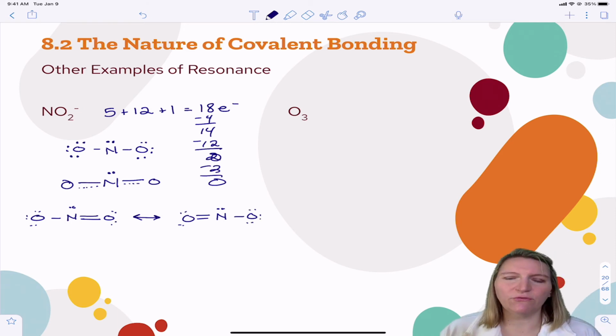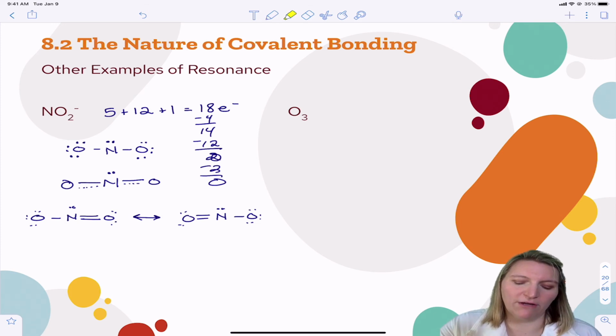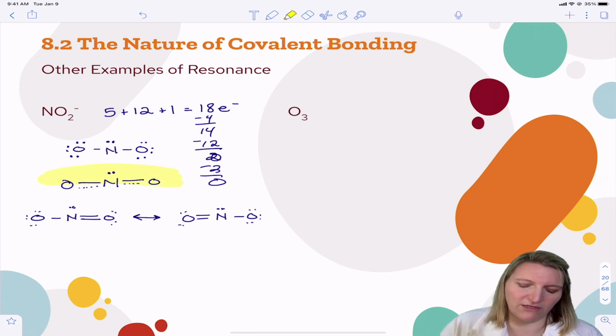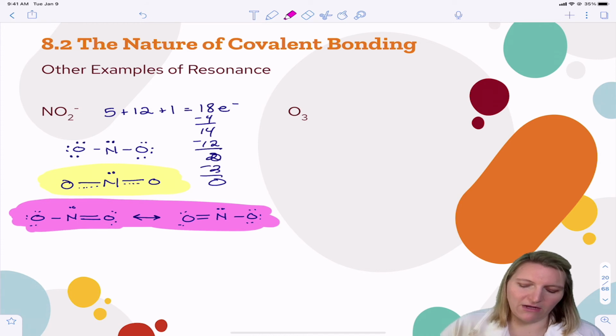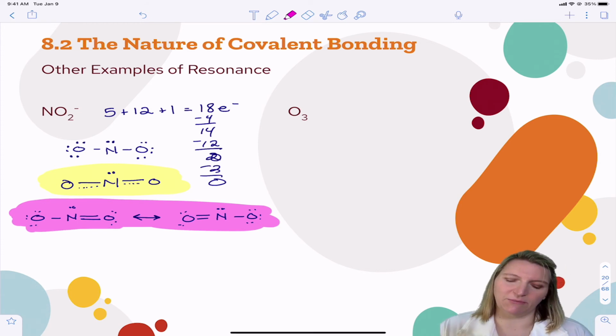So we have 2 different ways of drawing resonance structures. This would be the resonance hybrid model, sometimes that is called, and these might be called resonance structures, meaning plural. And either one of these is going to be acceptable on the test.